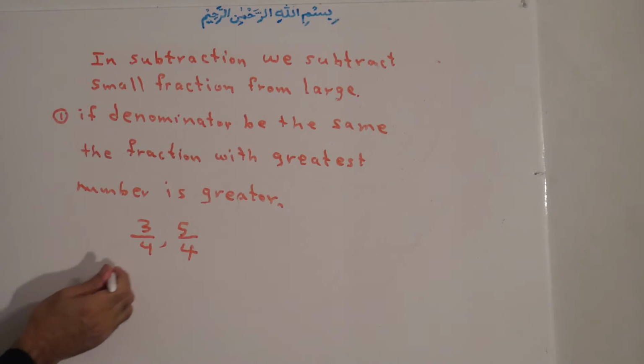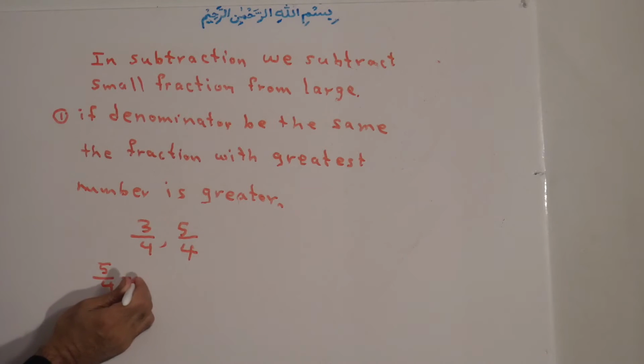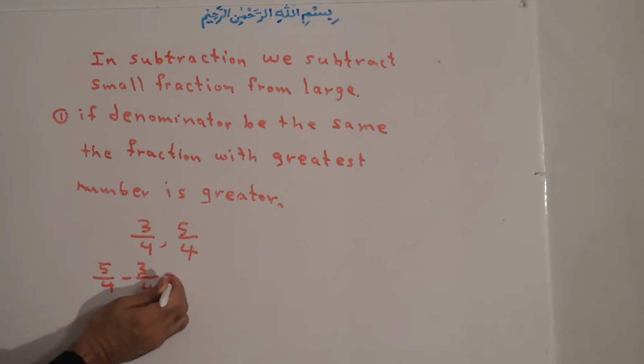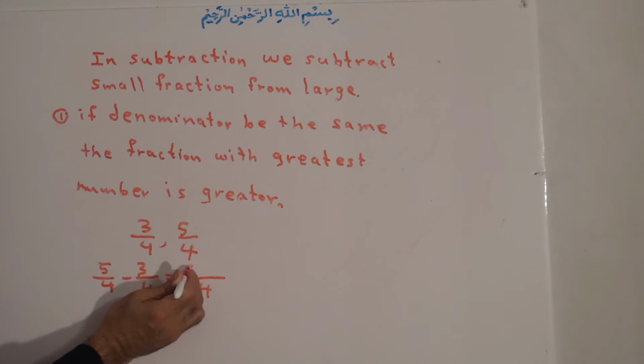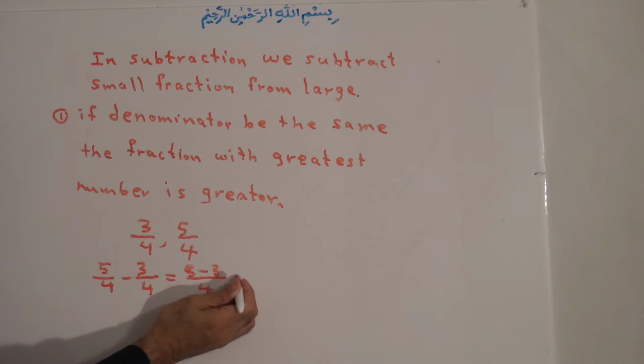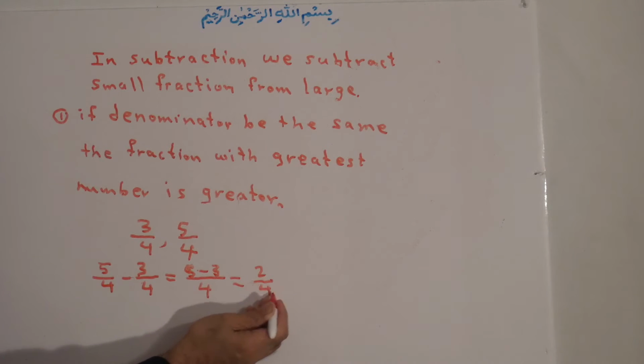Now what we do, we write 5 over 4 minus 3 over 4, that is equal to, 4 is the common denominator, 5 minus 3 is equal to 2 over 4, equal to 1 over 2.